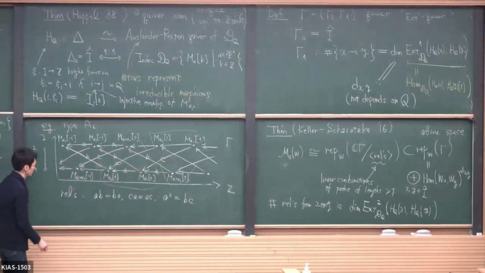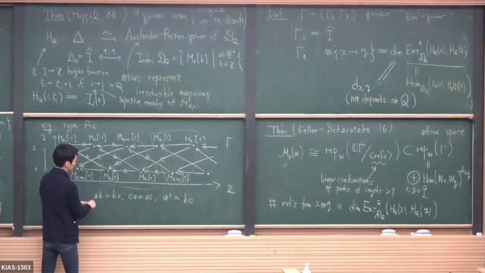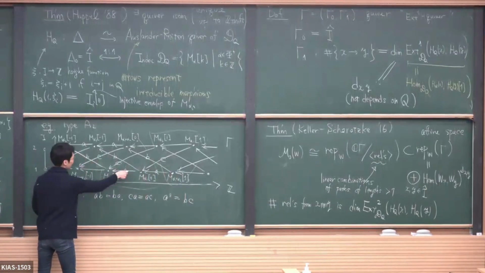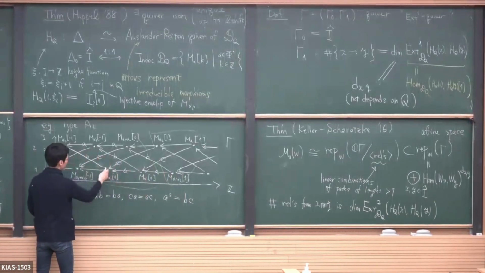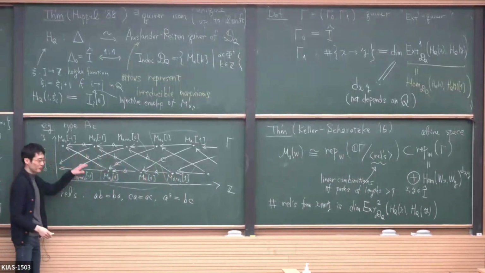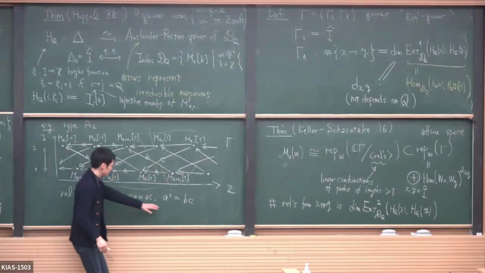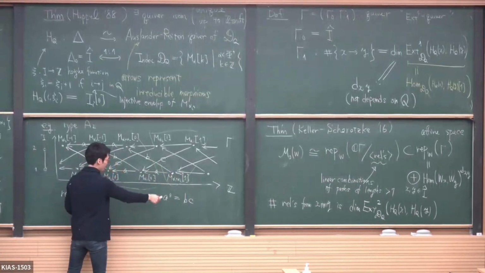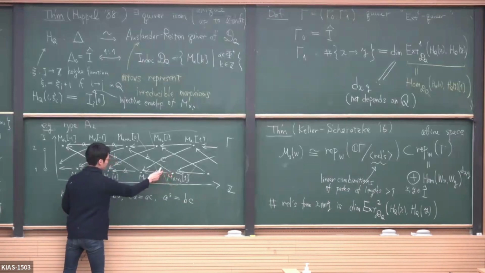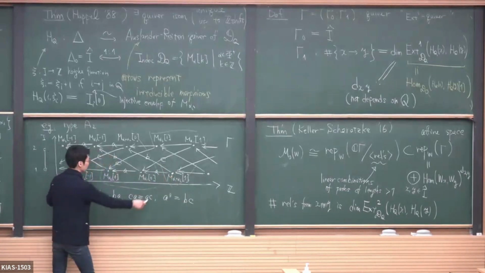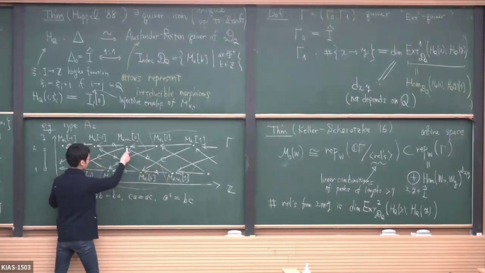So this says that if we take this length 2 path, then this path is equal to this path. So this square is a commutative square or something like that. And for this last equation, we have the cube of A, starting from this to this, and from this to this, we have another length 2 path, which is BC.